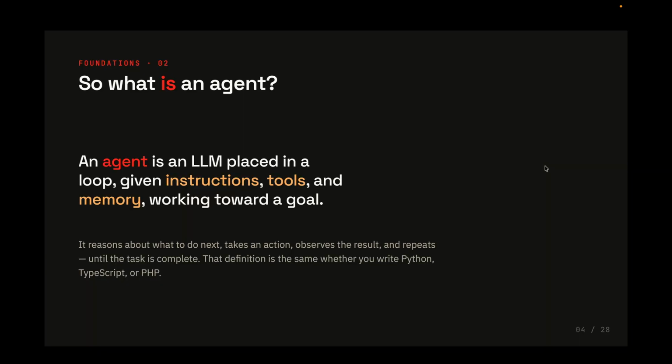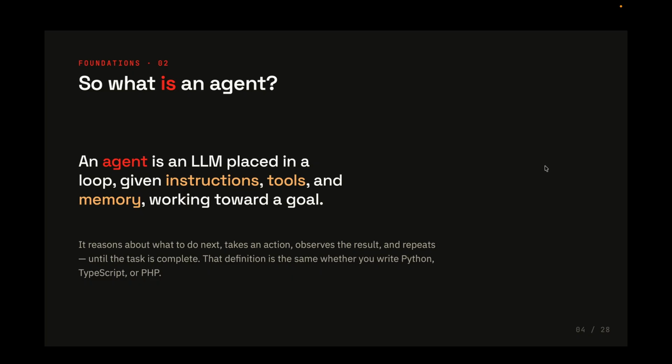So what is an agent? An agent is an LLM placed in a loop, given instructions, tools, and memory. Remember, a large language model cannot do the acting, the looping, the tools, the memory. The model can't do that alone. It just takes text in, gives you text back out.